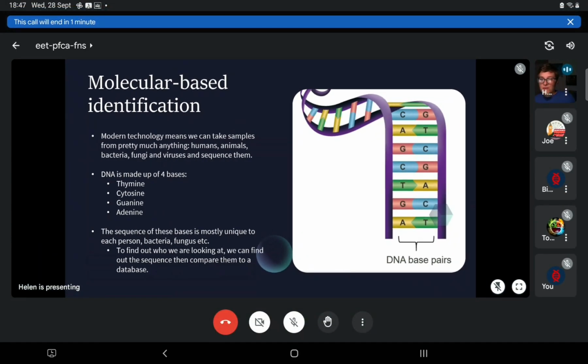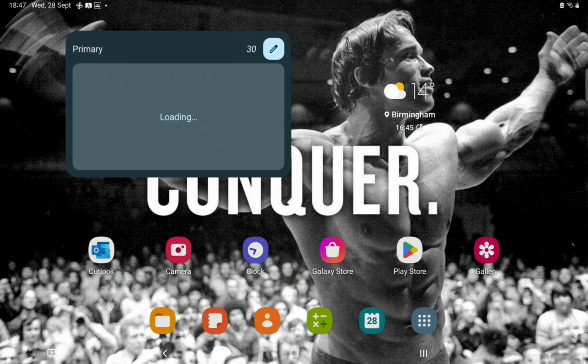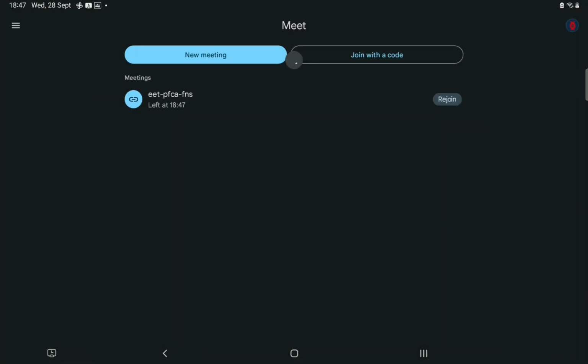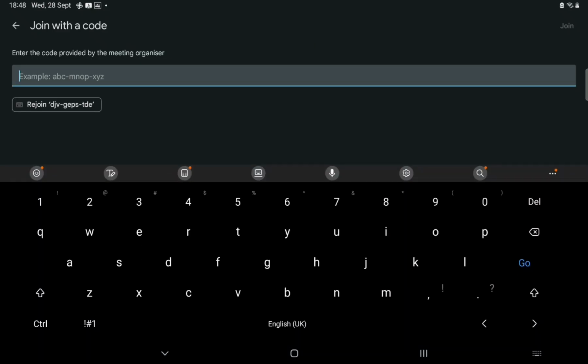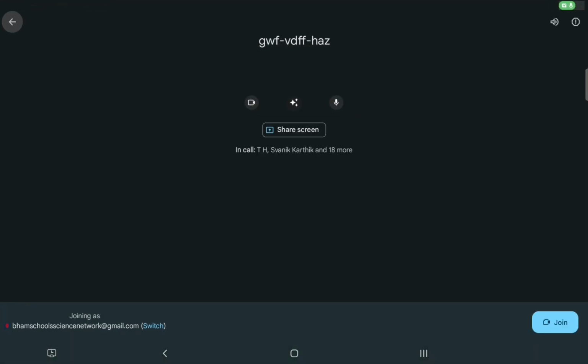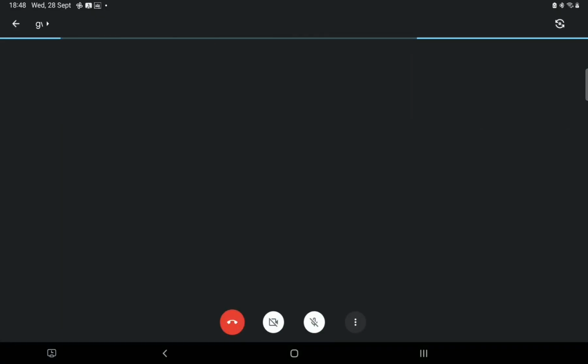Ryan has touched upon how we seek DNA in a specific sequence.